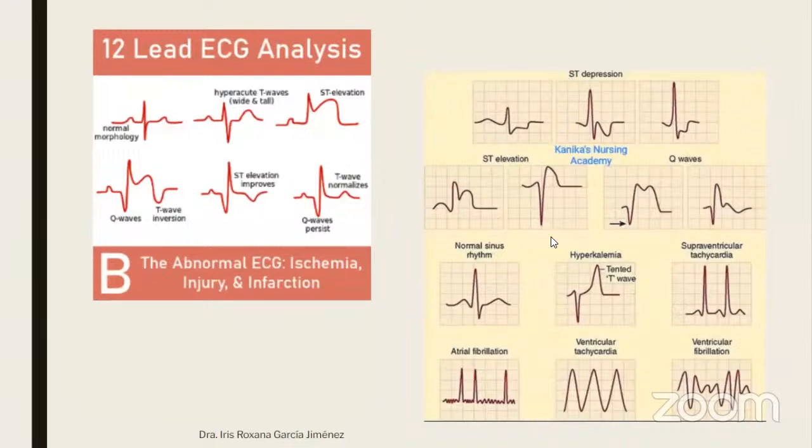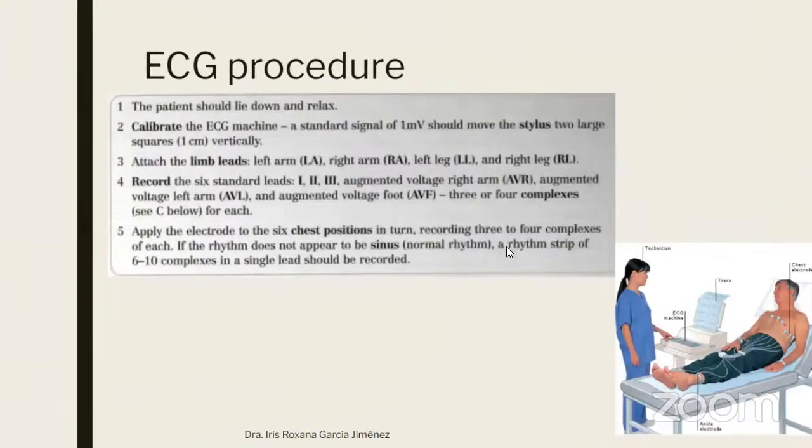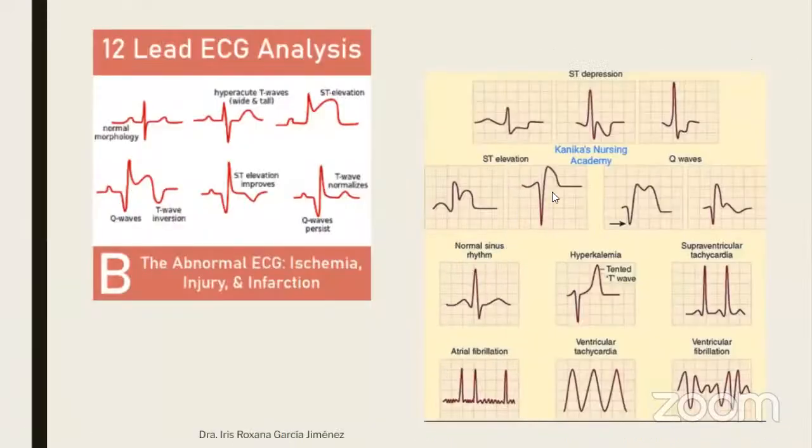As you can see in all of these records, you can catch different situations. For example, ST elevation or the Q waves or supraventricular tachycardia, or maybe the ventricular tachycardia, right?